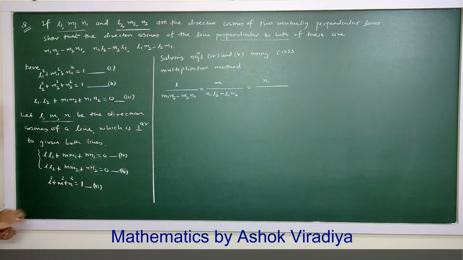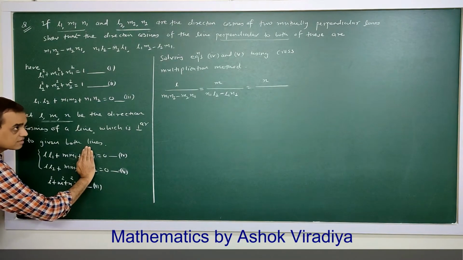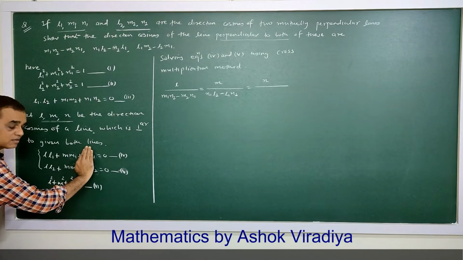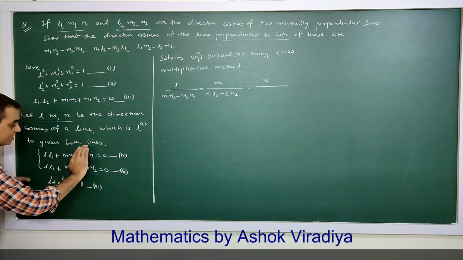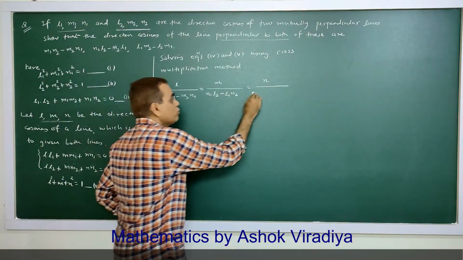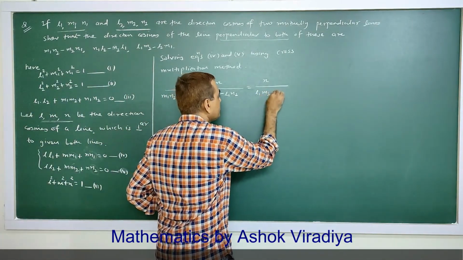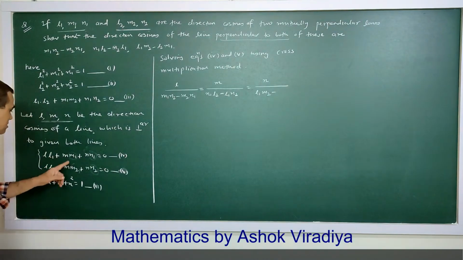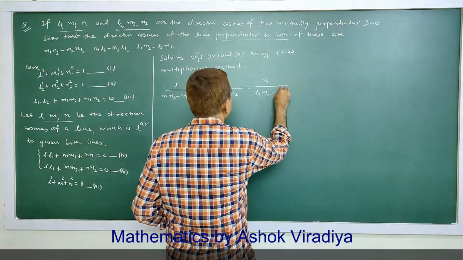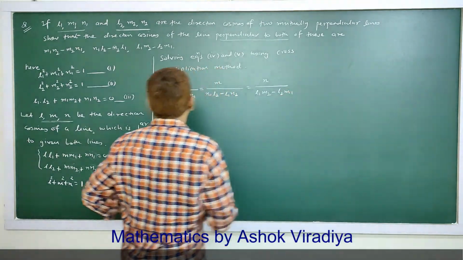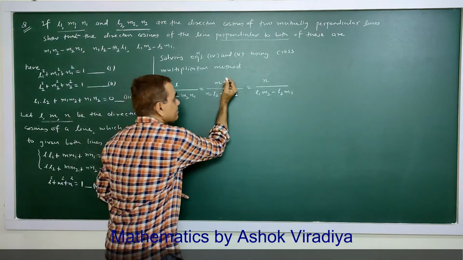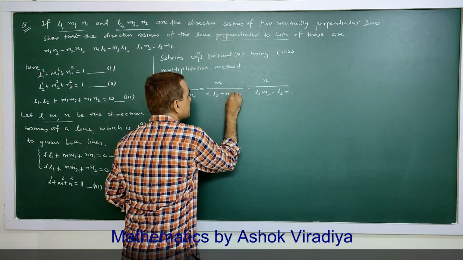And for N, put your hand over N, make N disappear. Now take the cross multiplication, that is L1 into M2 minus M1 into L2.